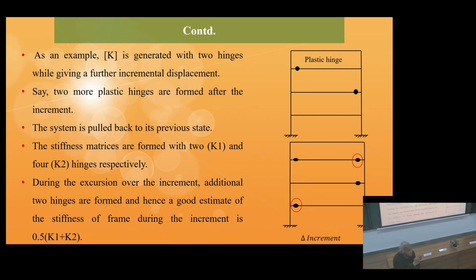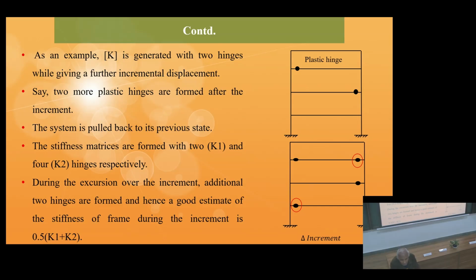But during this push, it may so happen that plastic hinges started forming at a smaller push than the push that you are giving. Say maybe at 1/4 of the push, one plastic hinge formed, and then at maybe 3/4 of the push, the extra two plastic hinges formed.